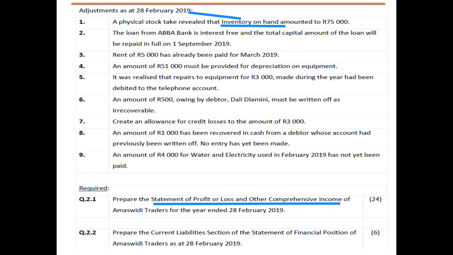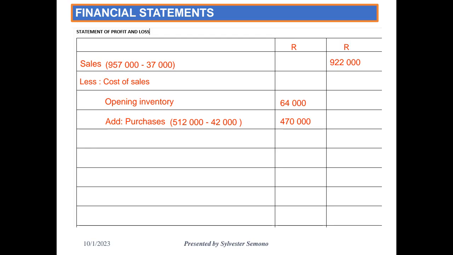Are we together? So we normally deduct that. We say less closing inventory, and then the amount is 75,000.